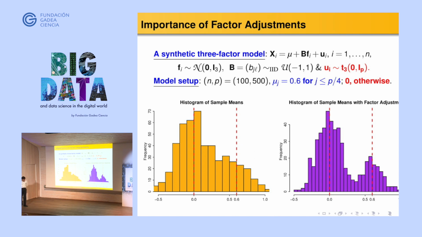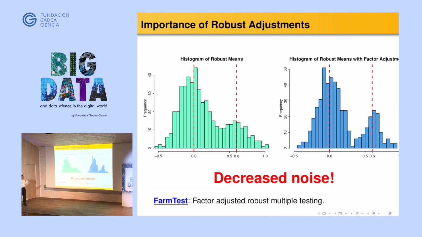You cannot see the bimodal nature of these because I have big noise. Now, if I do factor adjustment by subtracting this part out and then calculate the sample average, the noise is reduced, and you can see the bimodality. Now the distribution I have here is a t distribution with 3 degrees of freedom, so I'll introduce a robust version, and the robust version certainly separates even better.